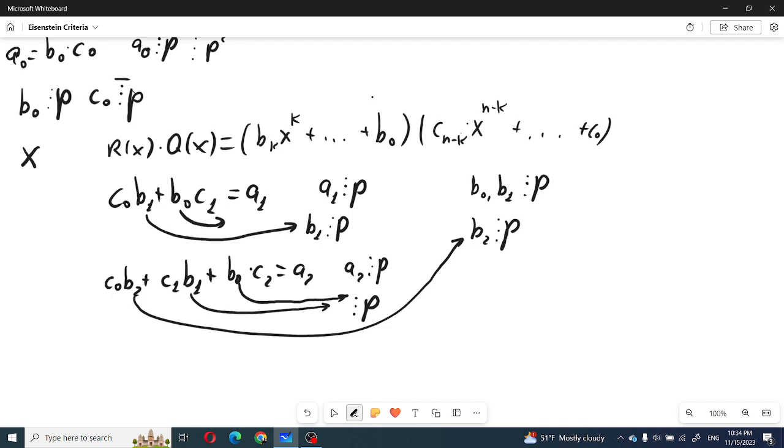Similarly, by using this logic, we can see that every coefficient of b must be a multiple of p.